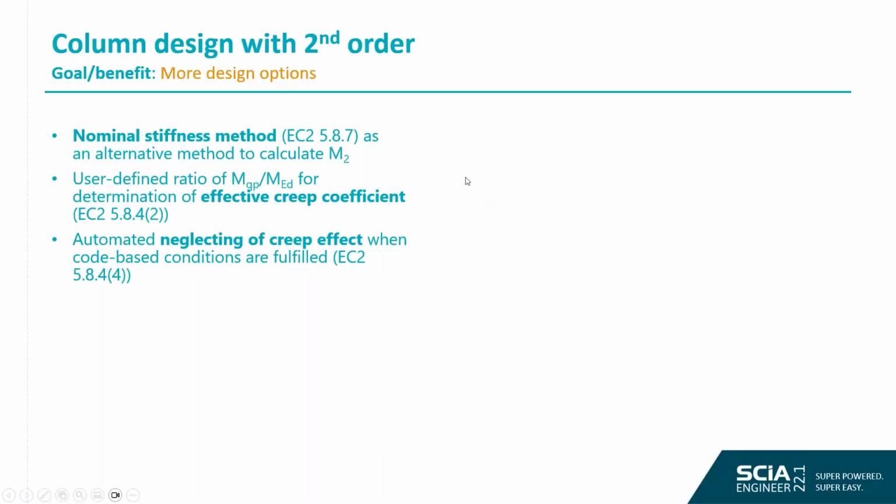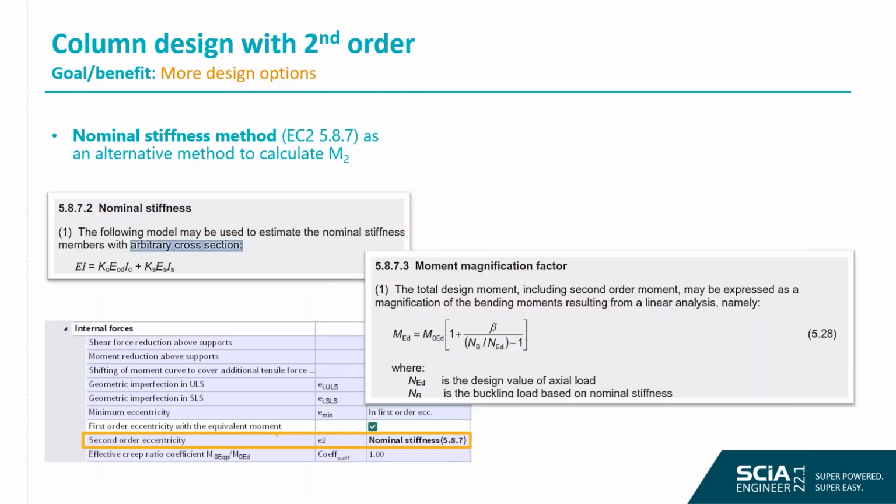To consider the load duration, you are now able to input a user-defined ratio between quasi-permanent and design moment to actually determine the effective creep coefficient. And last small thing, but can also be interesting, is automated neglecting of creep effect when code-based conditions are fulfilled.